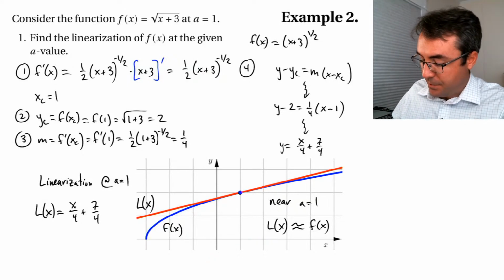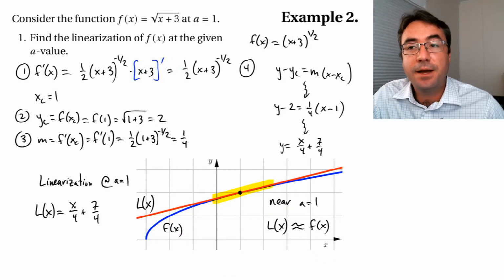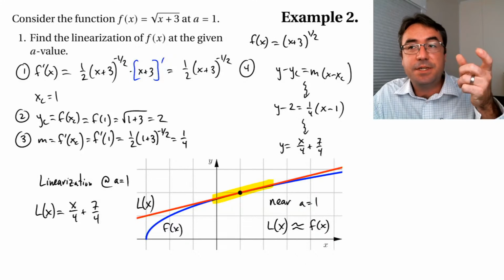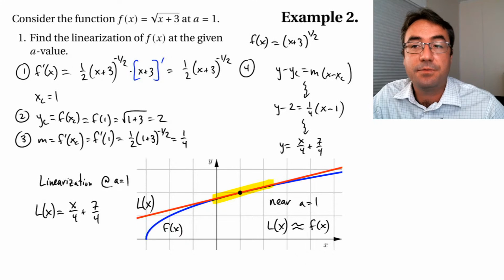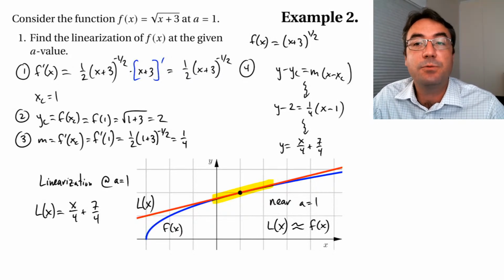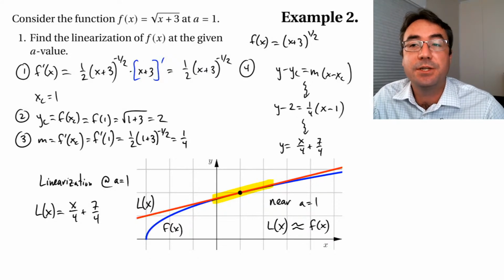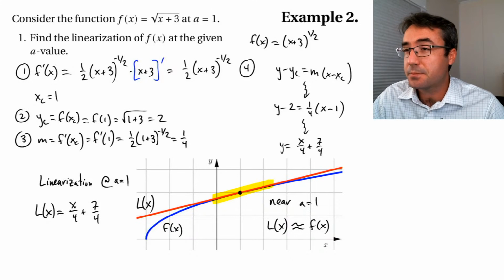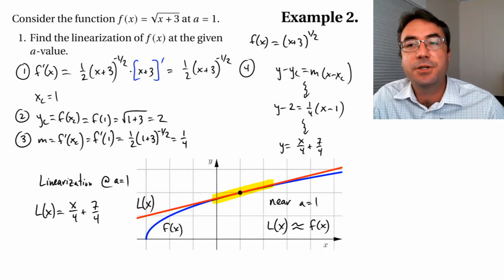And you can see that if we look around that point of tangency, it's hard to tell the difference right around a equals 1 between the actual tangent line and the curve itself. So we say L of x is approximately equal to our function f of x right around that point of tangency. So this gives us another way to think of differentiable functions.